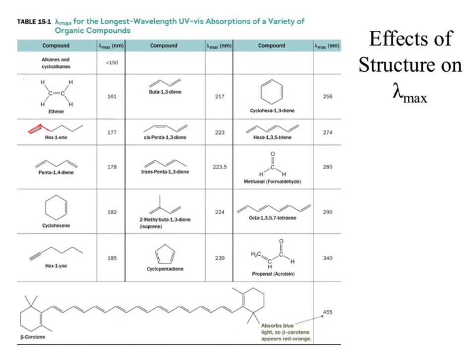There's a double bond bonded to 1 carbon. Penta-1,4-diene, what do I have? There's a double bond bonded to 1 carbon. What else do I have? A double bond bonded to 1 carbon. Have I changed the energy of the pi bond? No. Yes, I have more double bonds, but those double bonds all have the same energy, which means same wavelength.